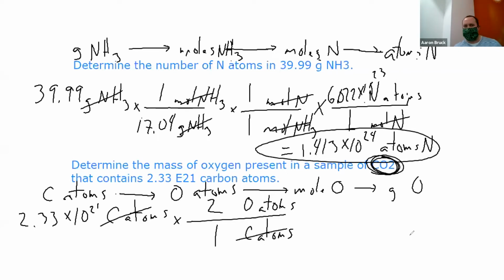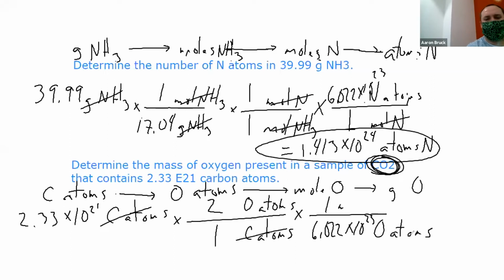From here, it follows pretty closely to the map. So that was the only wrinkle that we really didn't discuss at all. But from there, I can go Avogadro's number of oxygen atoms in 1 mole, and 1 mole of oxygen is 16.00 grams.